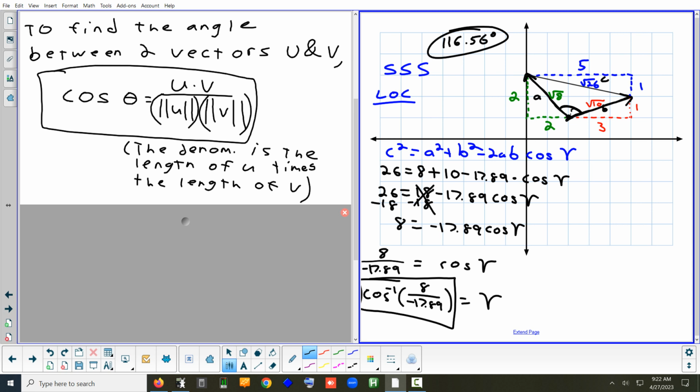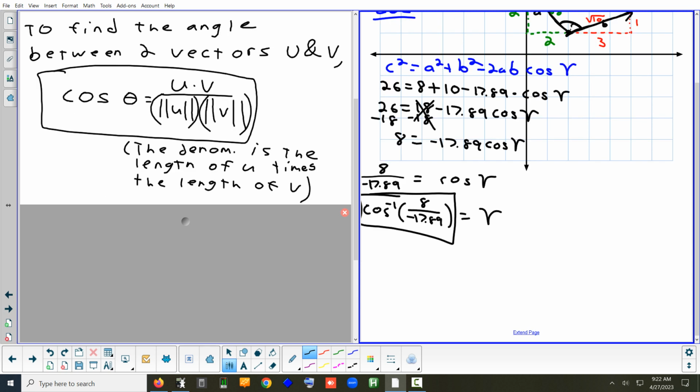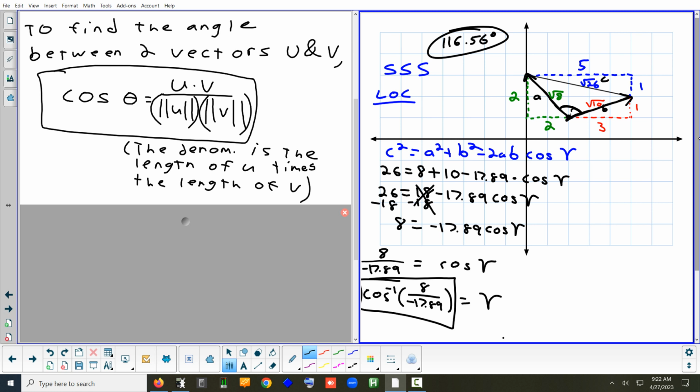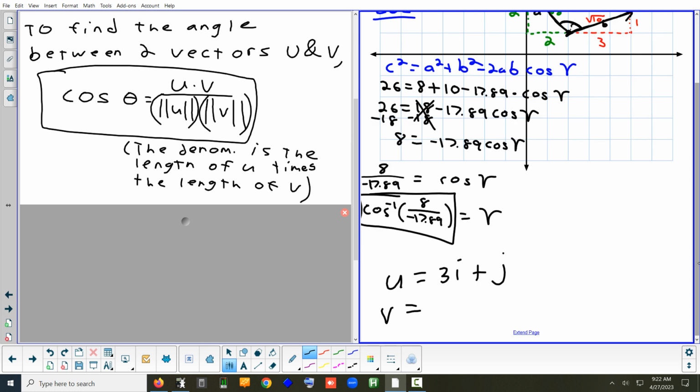This one is 3i plus 1j, so it's 3, 1. We'll call that vector u: 3i plus j. Let's call the other bold vector v. That's negative 2i plus 2j.